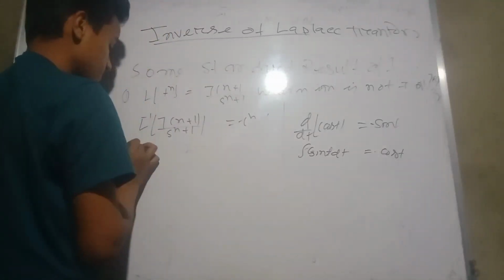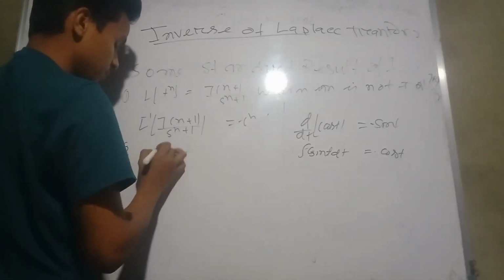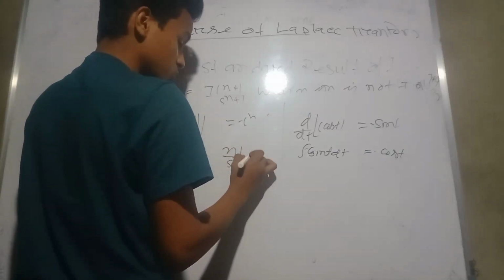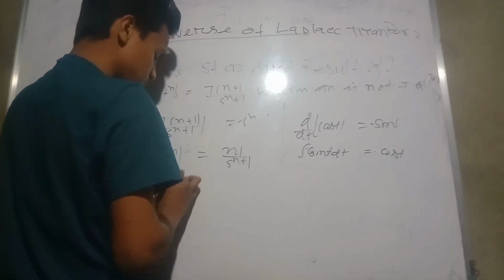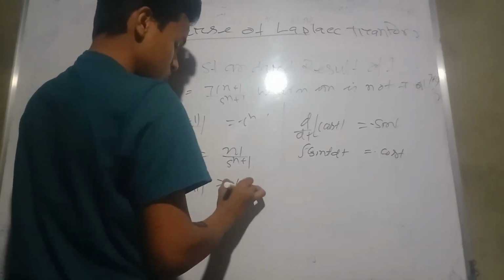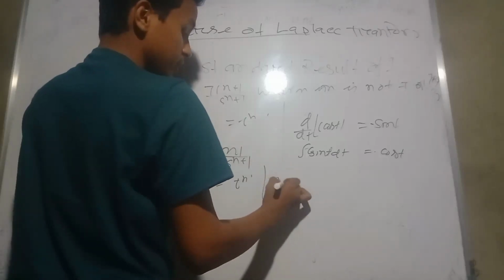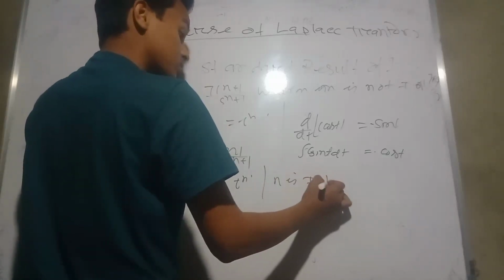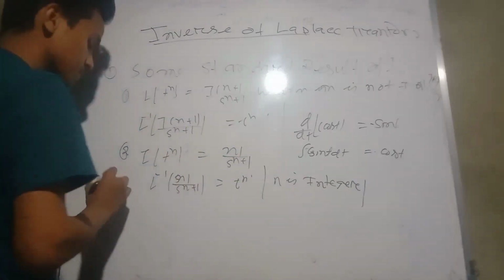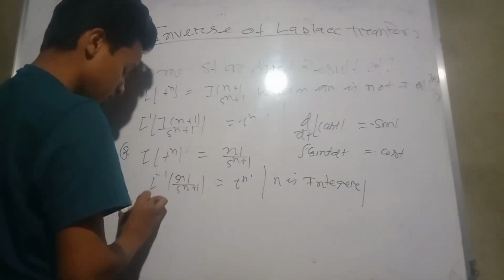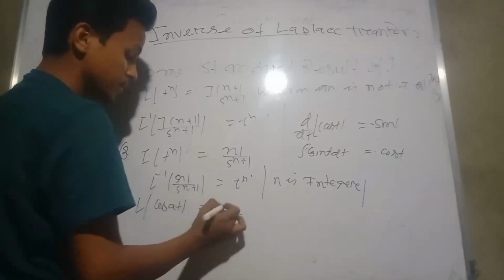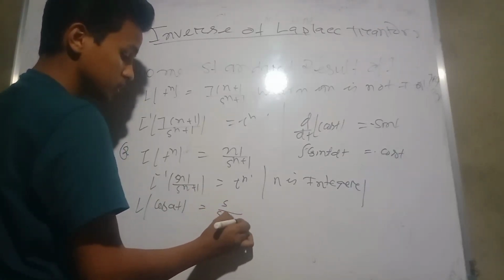So next, the Laplace transform of t to the n equals n factorial upon s to the n plus 1. So the inverse Laplace of n factorial upon s to the n plus 1 is equal to t to the n. So here n is an integer. Okay, so third, the Laplace transform of cos at is equal to what? s upon s square plus a square.